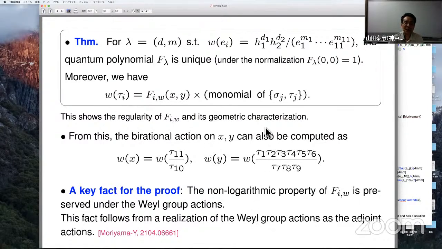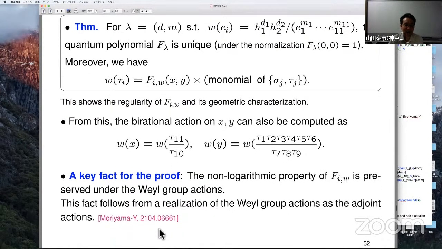And the key fact of this theorem is the non-logarithmic property of the F variables. And this property comes from the realization of the Weyl group actions by the adjoint action. And for the details, please see the paper by Moriyama-san and myself. Okay.